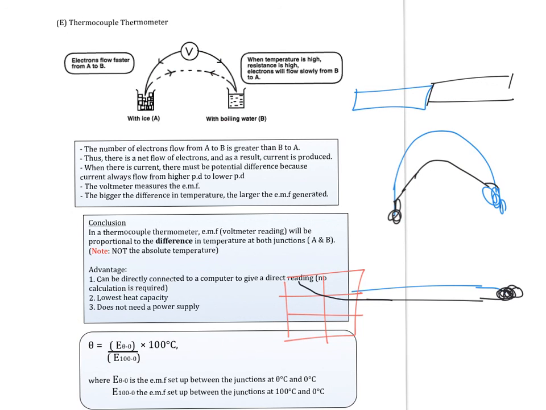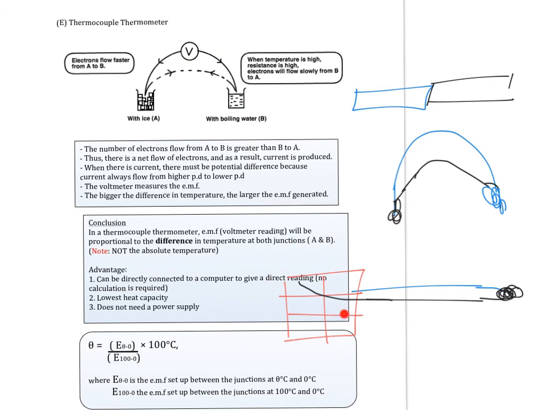So the temperature of this side is already fixed, which is already known. Because there's a temperature difference between this terminal and the other end where you want to measure temperature, there will be a voltage or EMF between them. So based on the voltage between these two junctions, we can calculate the temperature.